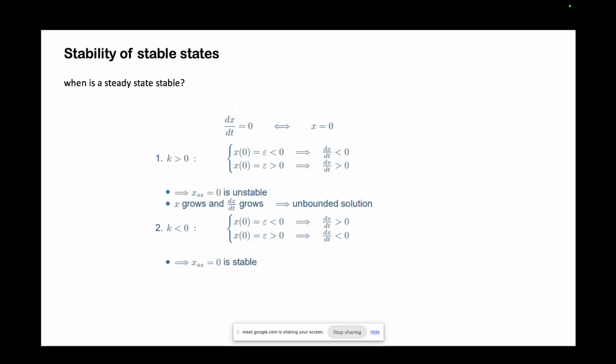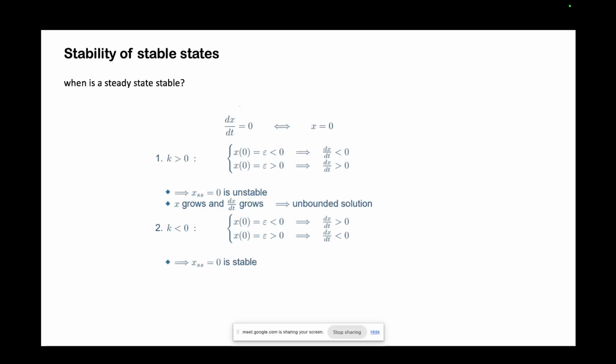I'll just draw and show you. If I complete the curve like this, it goes up and falls off like this. Now assume a steady state here, where dx/dt is 0 because the tangent is parallel to the x-axis. Think in terms of what a stable or unstable steady state means.